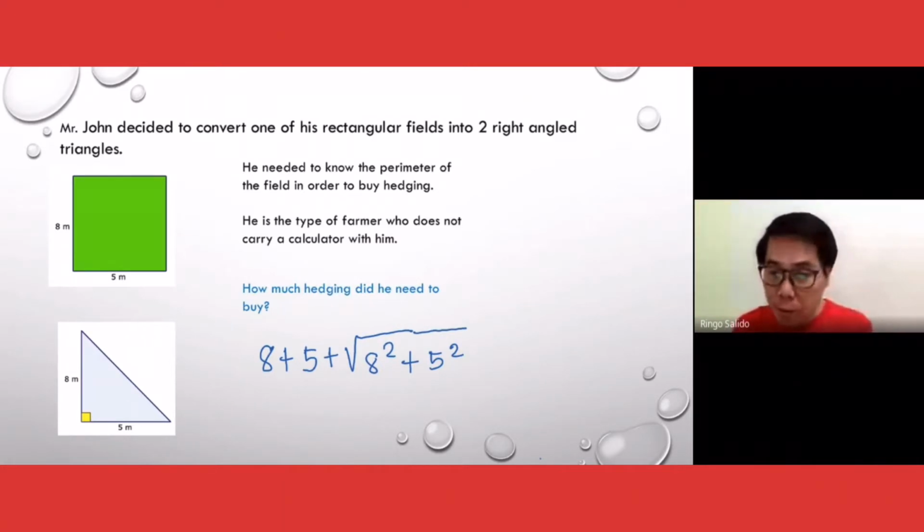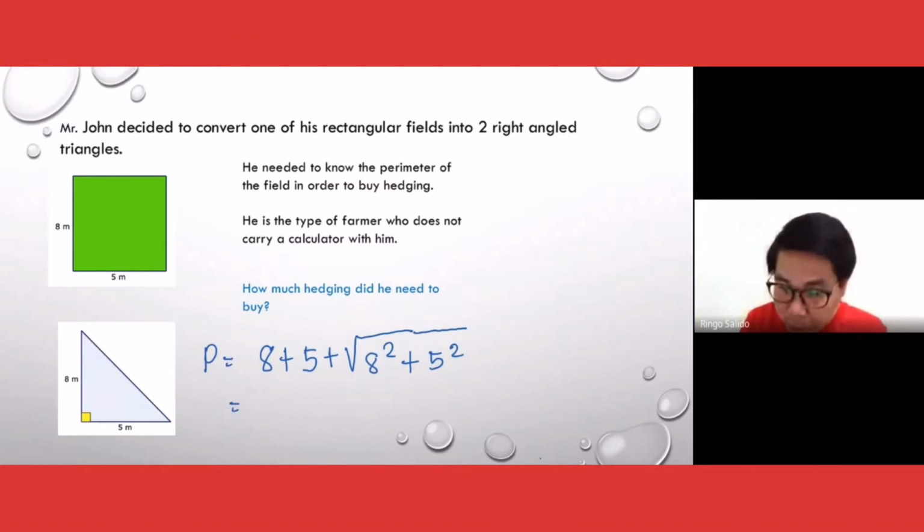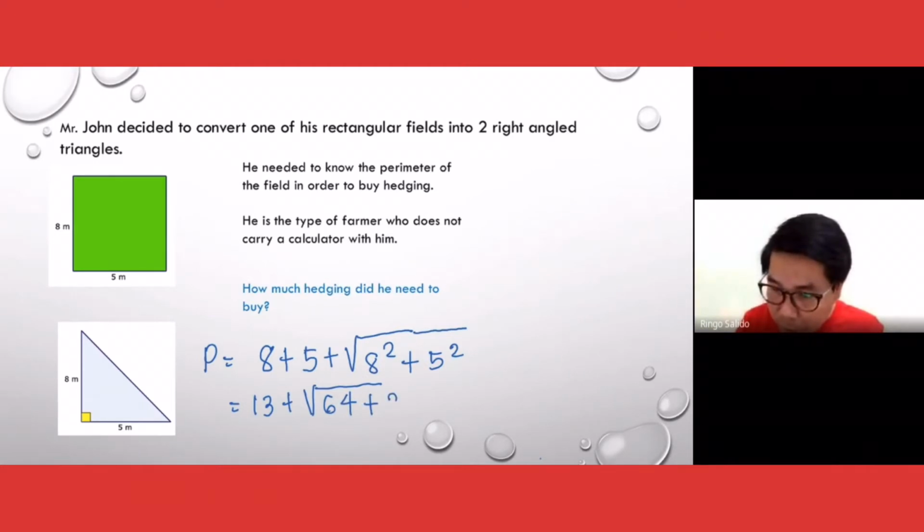So this is the perimeter, which is equal to 13 plus the square root of 64 (8 squared is 64) plus 25 (5 squared is 25), which is equal to 13 plus the square root of 89.